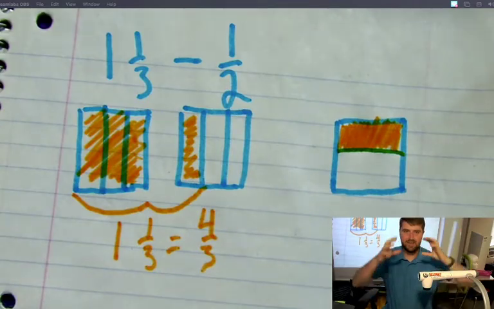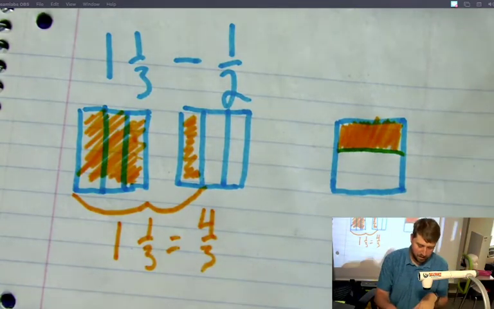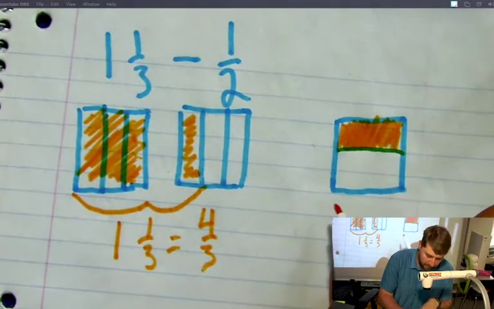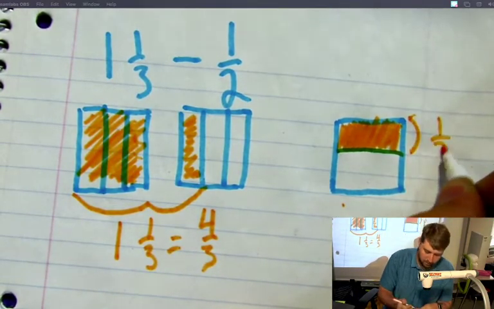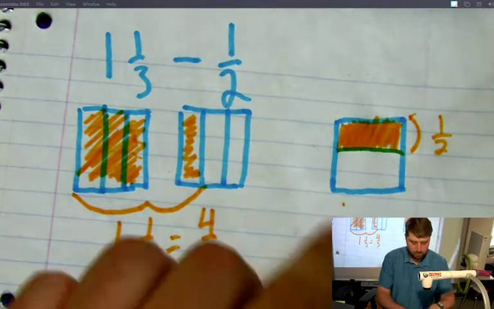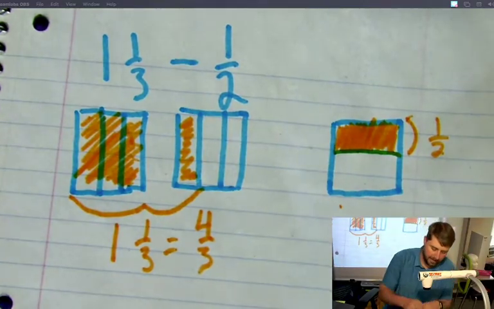That means we need to have the same bottom number, the same denominator. So this is where our cutting is going to come into play. We're going to transpose or move our half cut over here to cut each of these into 1/2.